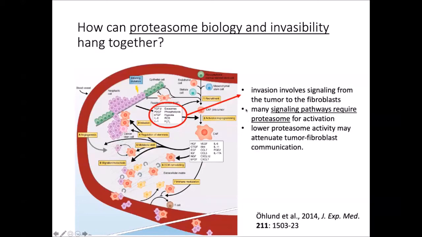It's also important to remember, from your cell biology 101, that many signaling pathways require proteasome activity for their activation, for instance by breaking down inhibitory proteins or similar things. So the hypothesis is that lower proteasome activity may attenuate the tumor-fibroblast communication, meaning that if the proteasome is less active, the signals from the tumor may have less of an impact on the behavior of the fibroblasts.